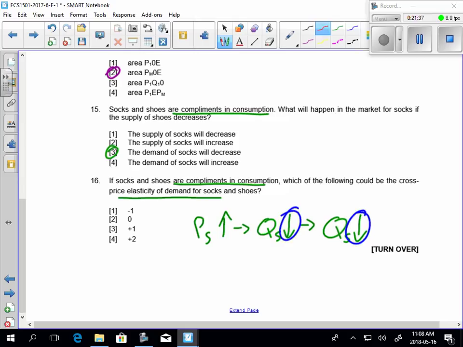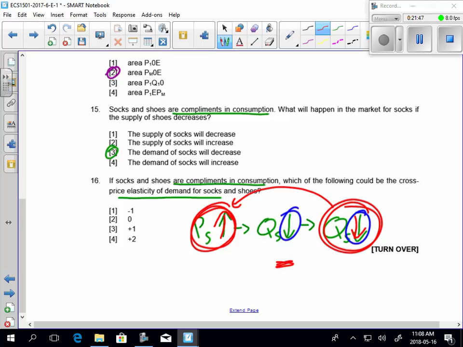We are interested in the relationship of the demand for socks and the price of shoes. And we can see that those arrows move in the opposite direction. That is a negative relationship. So it's got to be number 1. You guys cool with that?